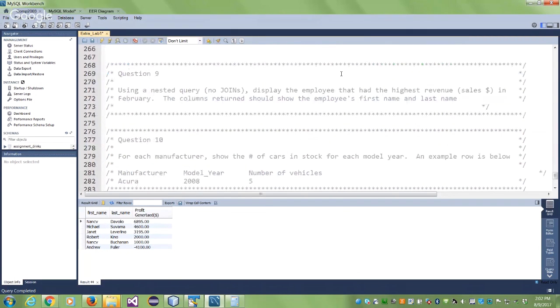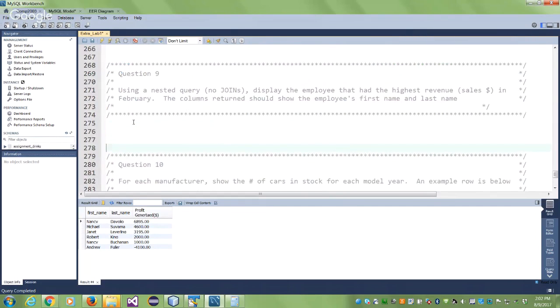Use a nested query. Okay, so subquery. That took a long time, but anyway. A nested query, no joins here, to display the employee that had the highest revenue in February. So who had the highest revenue in February?